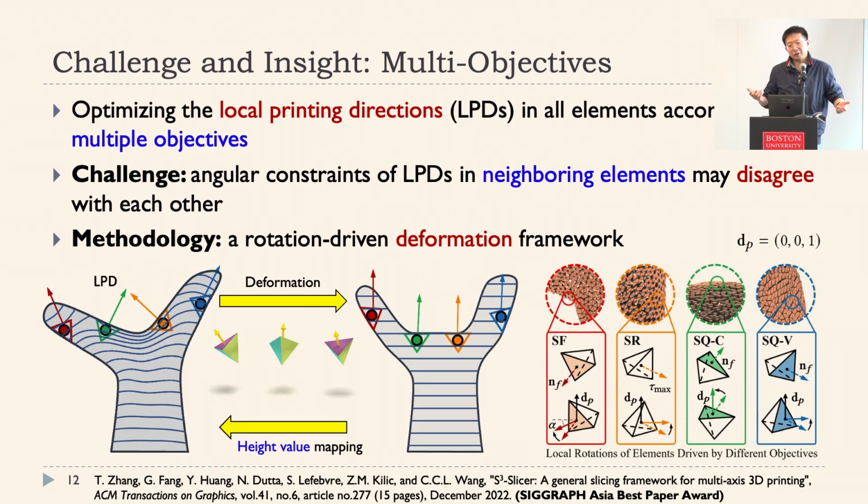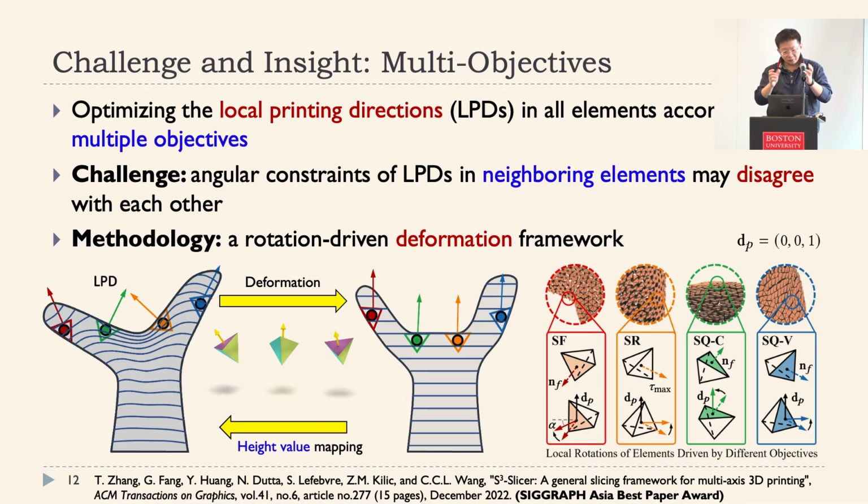And then the printing direction is the same, because basically you are trying to print along the maximum stress direction. And also surface quality. So all of this can be formulated in a way that satisfies certain requirements of a local rotation.